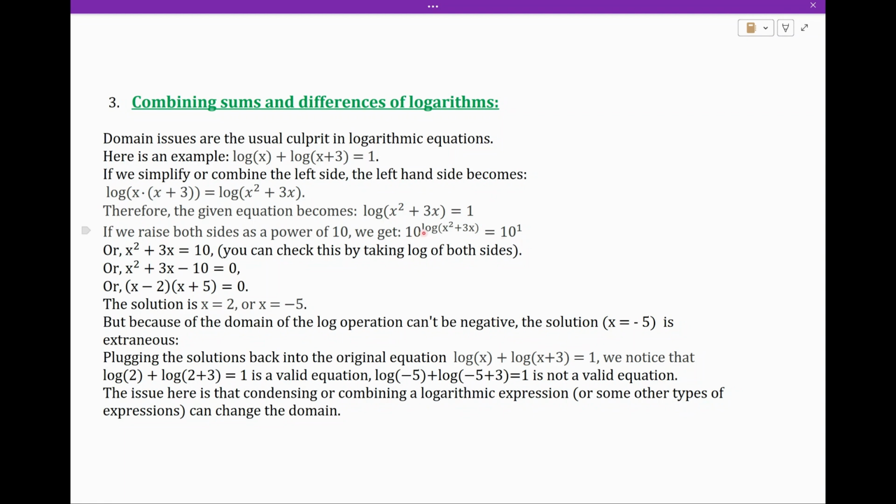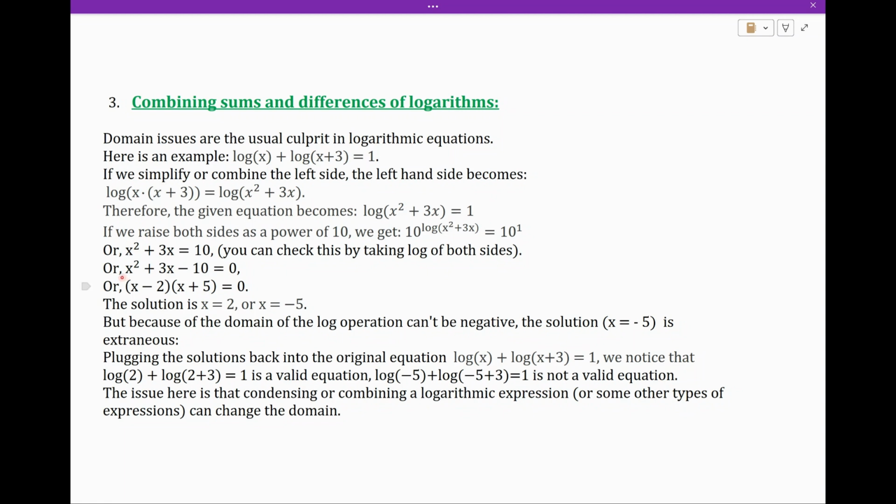Since 10 to the power and log are occurring on the left hand side, they will cancel each other and we will get x square plus 3x is equal to 10. If you are not convinced, you can take log of both sides and you will arrive at the same equation, that is log of x square plus 3x is equal to 1.